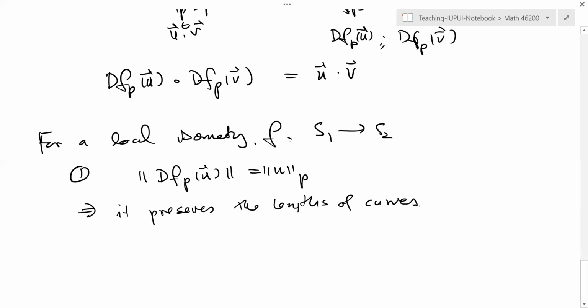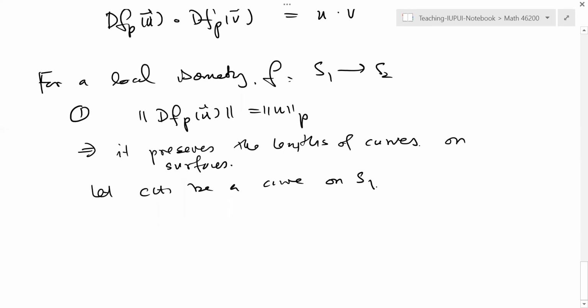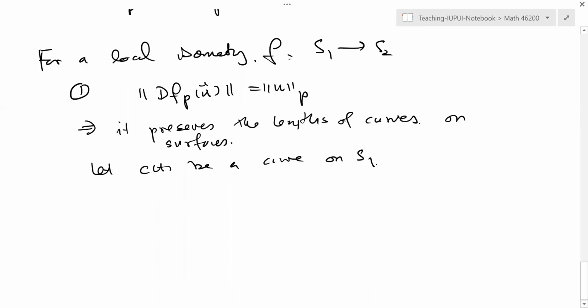How to prove that? Well, you can show that. Let C of t be a curve on S1, on surfaces. You have two surfaces here, so let's draw the picture.